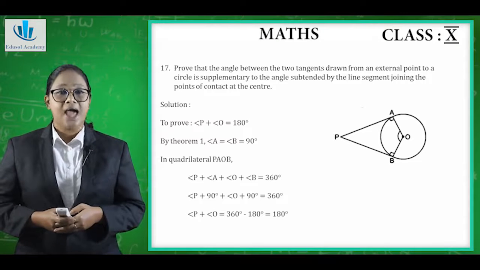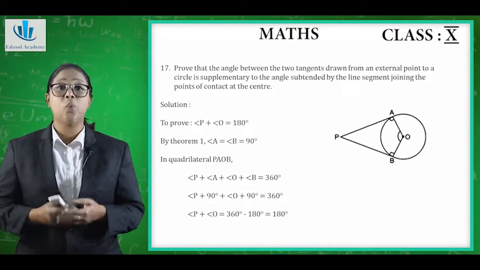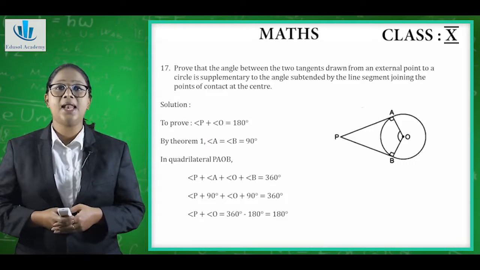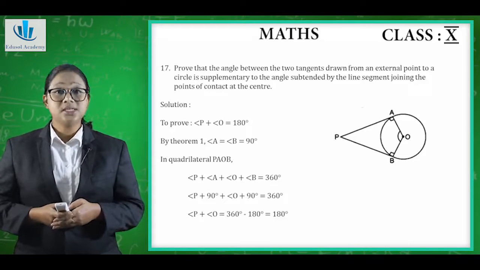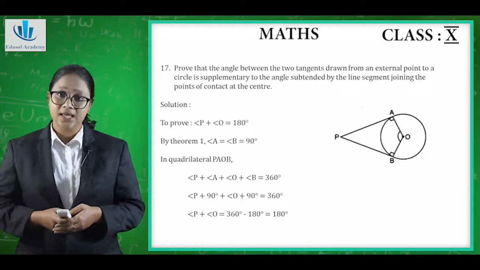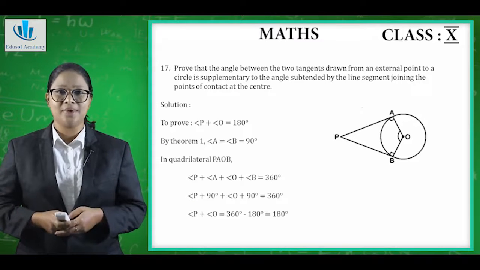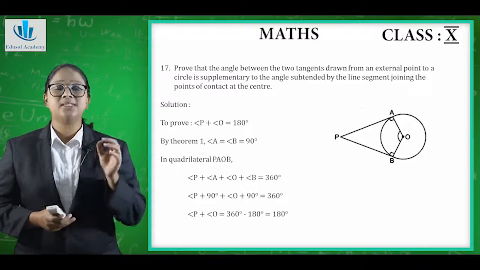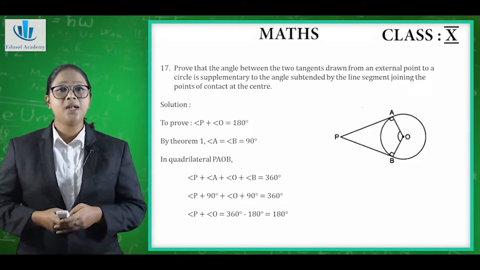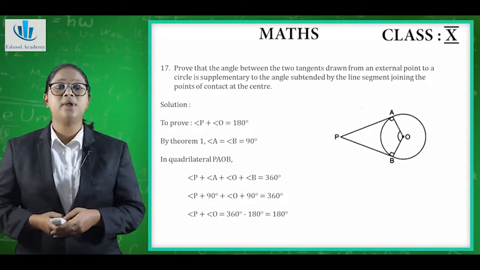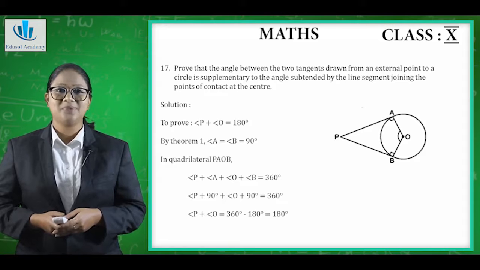So, we have to use theorem 1 and say angle B and angle A are 90 degrees each. So, there is a quadrilateral PAOB. We can apply the angle sum property of a quadrilateral, that is 360 degrees. Upon cancellation and substitution, we will get angle P plus angle O is equal to 180 degrees, hence proved.